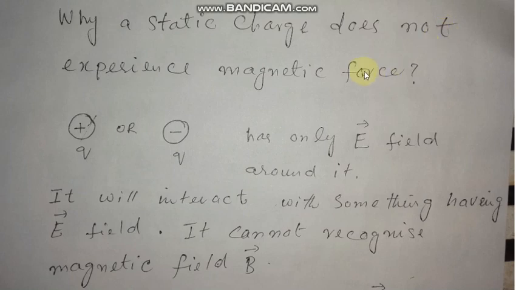Now a question arises: why does a static charge not experience any magnetic force? That is, the charge which is at rest does not experience any magnetic force, while a moving charge does. Now what is the answer for this question? The two charges interact with each other through their electric fields.